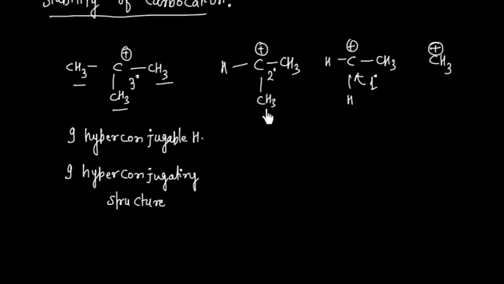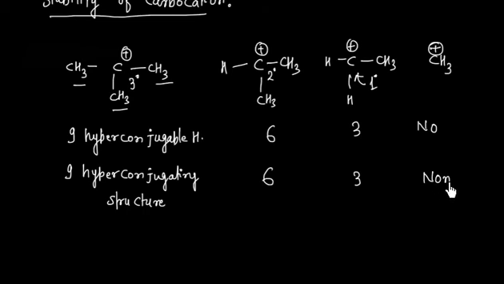In this case we can have 3 plus 3, 6 hyperconjugable hydrogen. So 6 hyperconjugating structures are possible. In this case 3, in this case also we will have 3 hyperconjugating structures. In this case we have no hyperconjugable hydrogen.